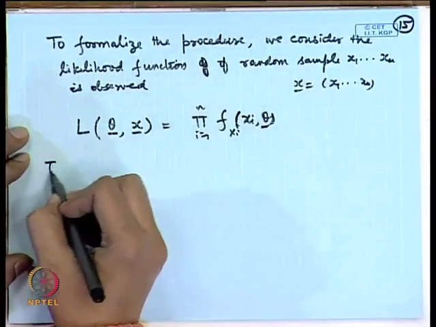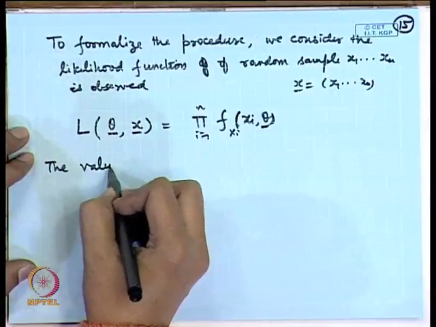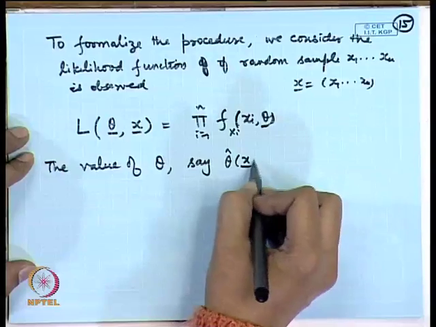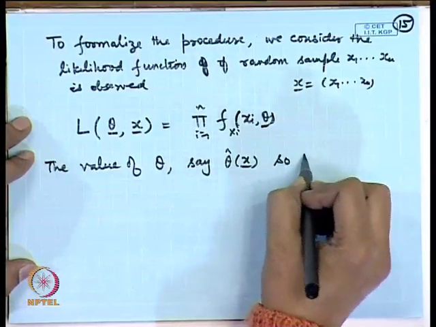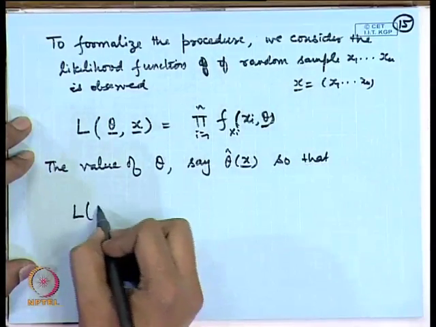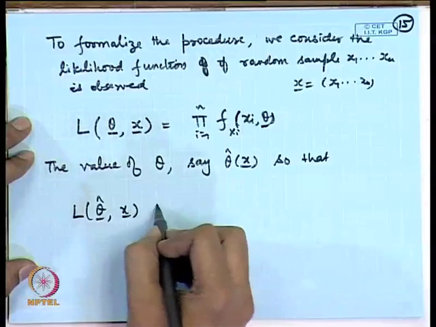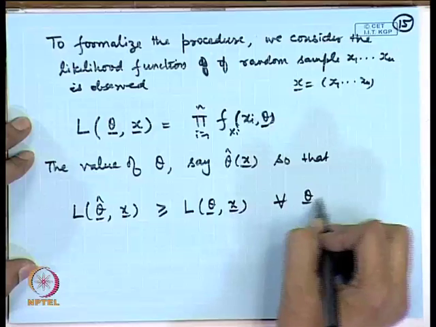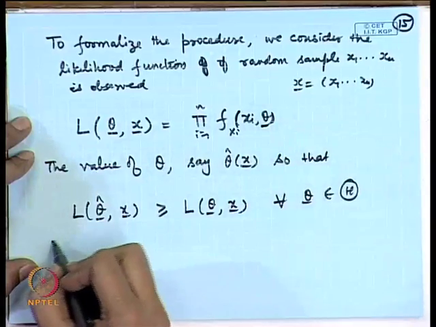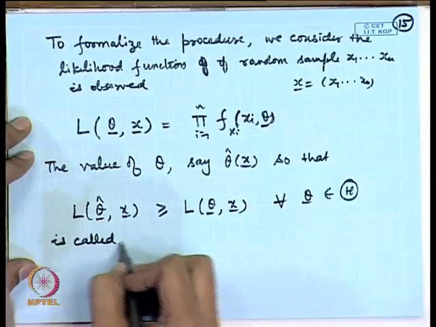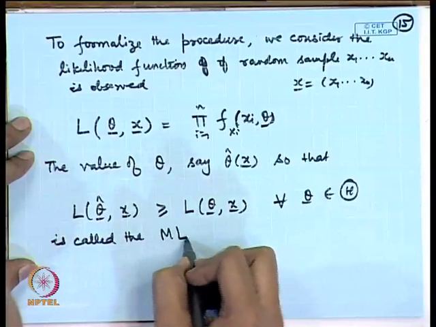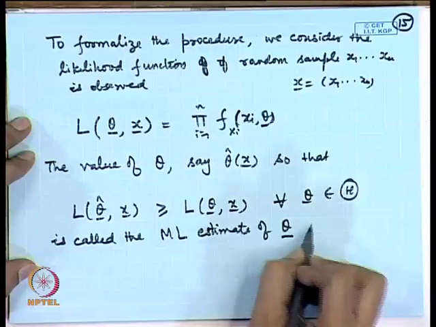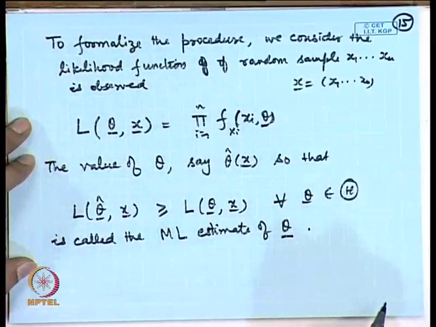So, the value of theta, say theta hat x, so that L theta hat x is greater than or equal to L theta x for all theta, is called the maximum likelihood estimate of theta.